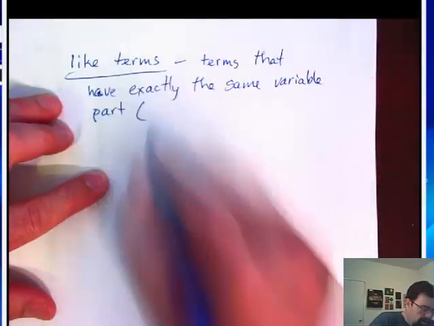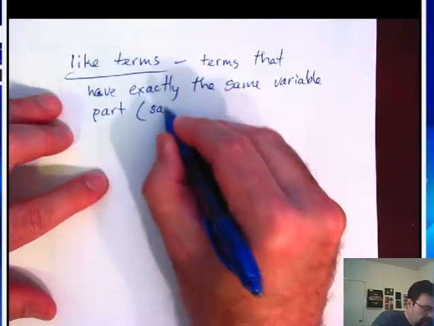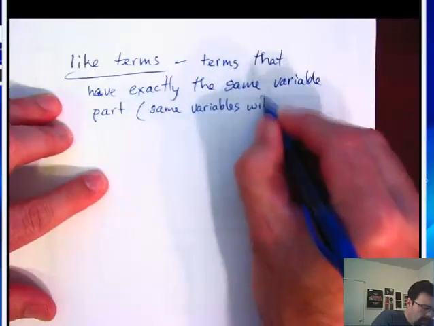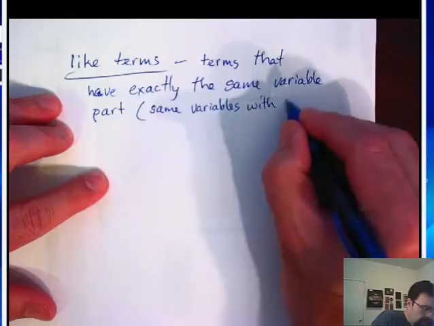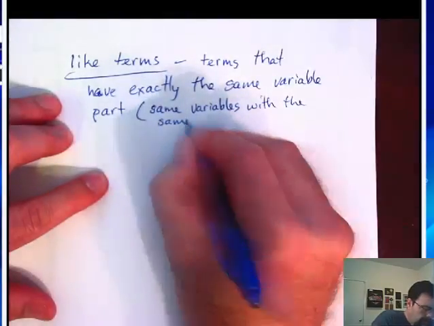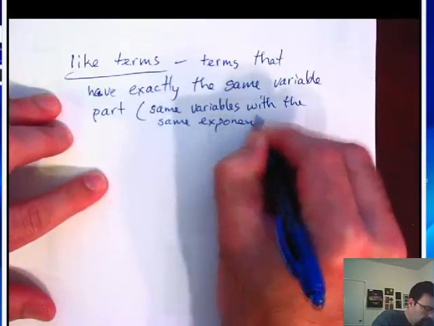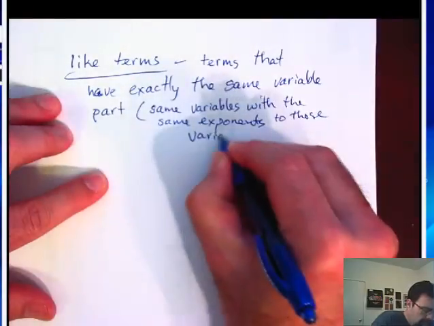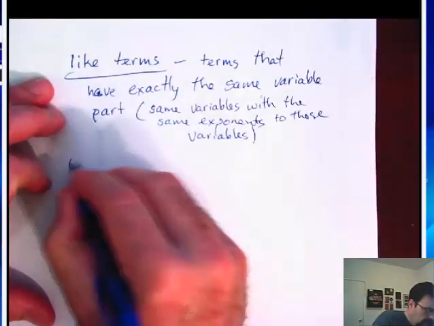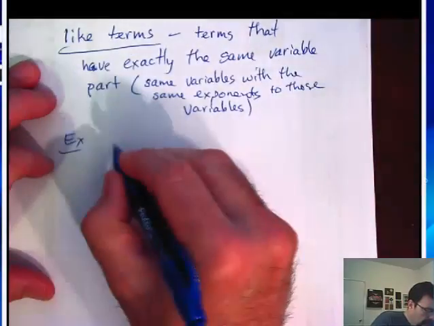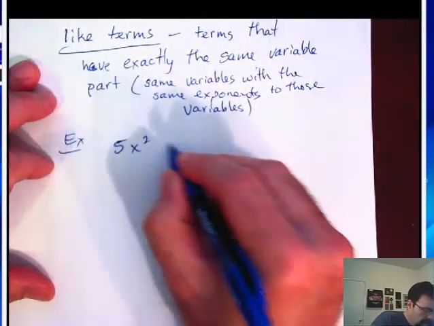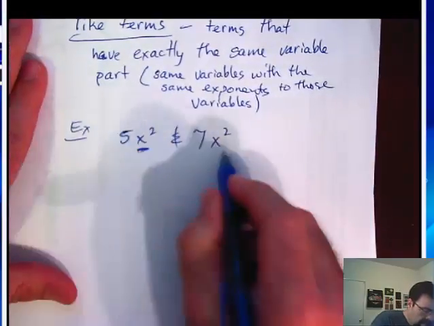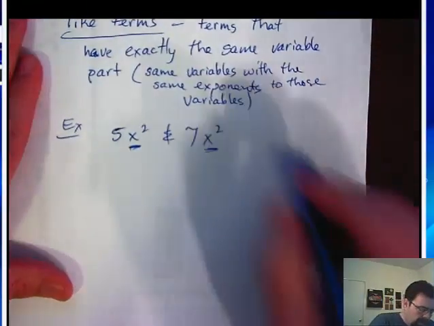It has to be the same variables with the same exponents. So for instance, if you had 5x squared and 7x squared, they both have x squared. That's the variable part. Those match exactly, so those are like terms.